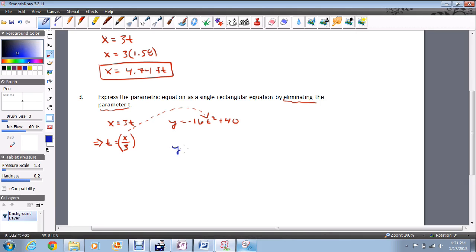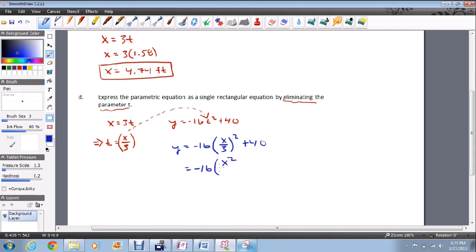So anyways, we have y equals negative 16 times x over 3, squared, plus 40. Do a little simplifying because sometimes they will ask you to do that, or on a multiple choice answer you might get this, you did all your algebra right, but they give a more simplified answer, so I'll show that just in case.